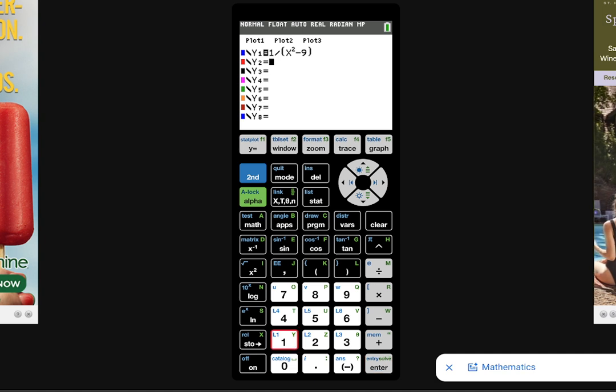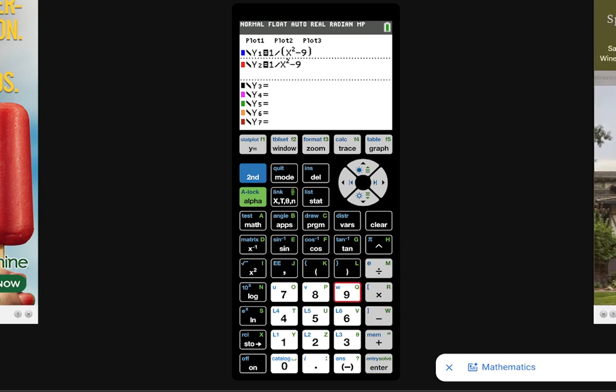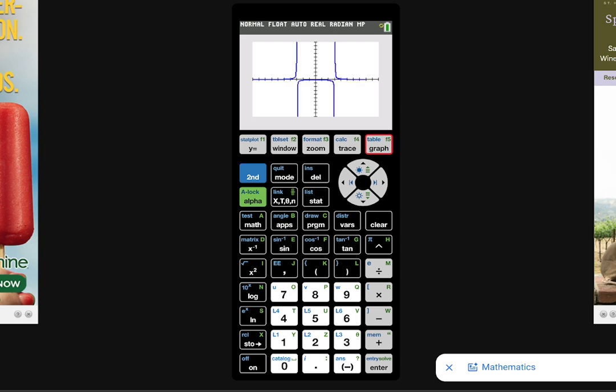If I didn't, and I just plopped it in like 1 divided by x squared minus 9, then what we're really doing is something like 1 divided by x squared, minus 9, right? With order of operations, if you want the minus 9 to be in the denominator, you have to put parentheses around the entire denominator. See, when I go to the graph, you can see the correct graph here.